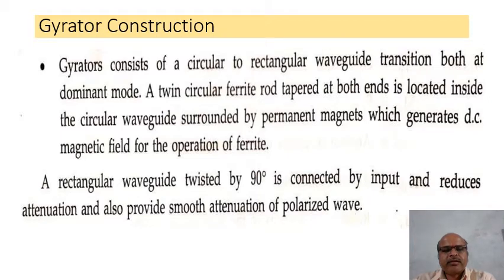So how is this gyrator constructed? A rectangular waveguide twisted by 90 degrees is connected at the input, which reduces attenuation and also provides smooth transition of a polarized wave.